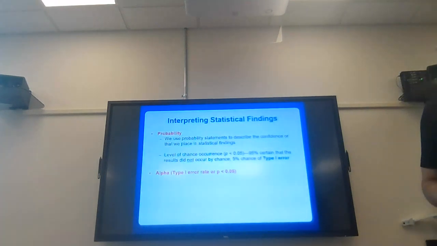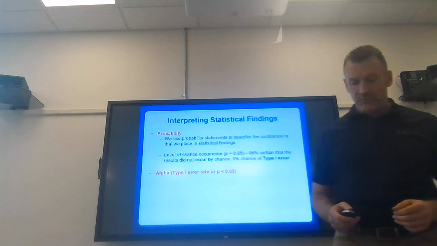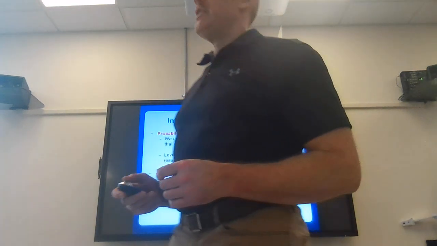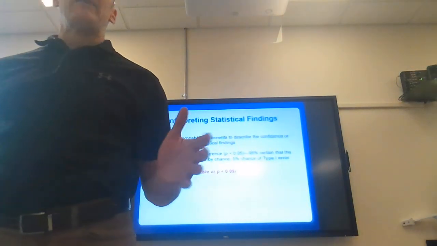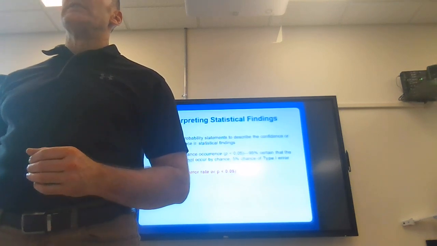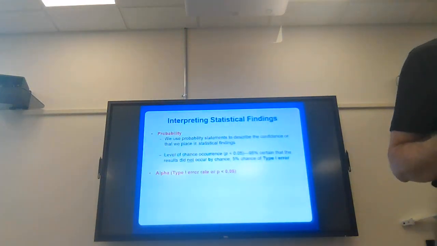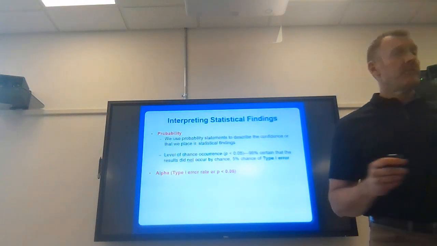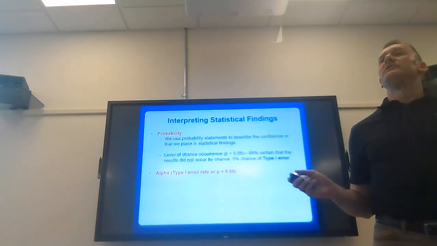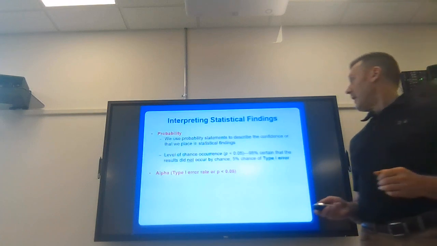A type 1 error can happen a lot, especially if you have a very small sample size, or a sample that was maybe handpicked, people that maybe weren't as generalizable to the larger population.